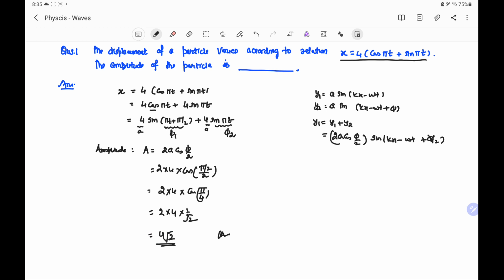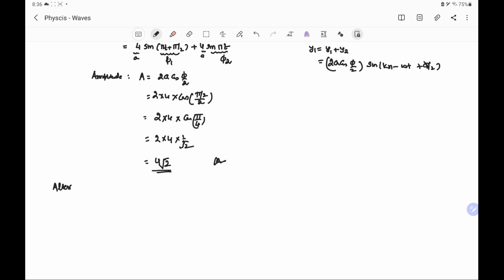This is the answer. We can do it alternatively. The displacement is given as 4 sin pi t plus 4 cos pi t. Now suppose we take this 4 as a cos theta, and this 4 as a sin theta. That is, the coefficient of sin pi t is a cos theta, and the other is a sin theta.